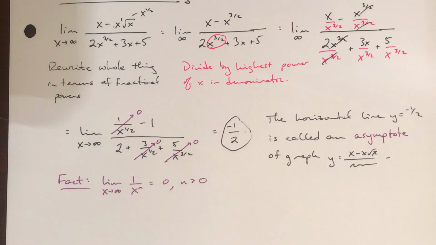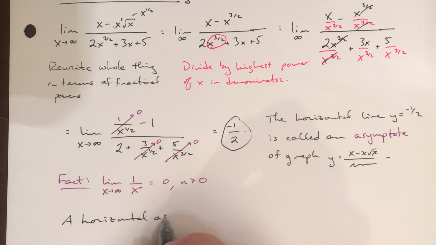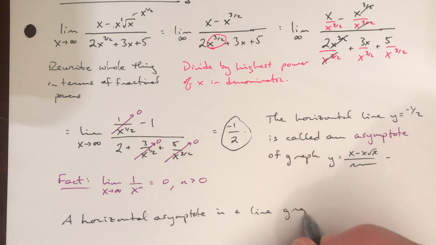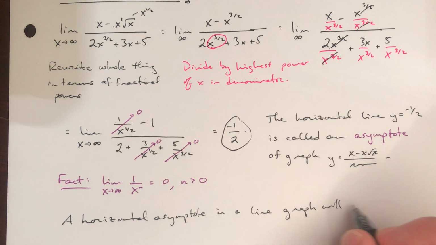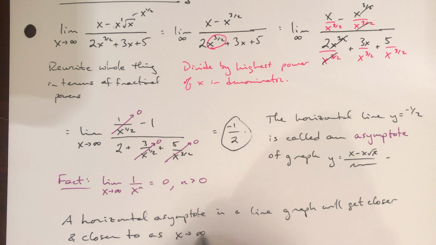So we're going to graph this here in just a second. But an asymptote, in this case a horizontal asymptote, is a line that our graph will get closer and closer to as x goes to either infinity or -infinity.